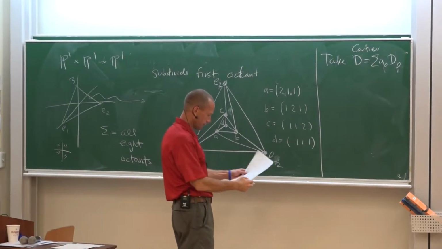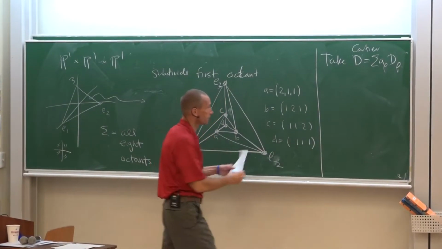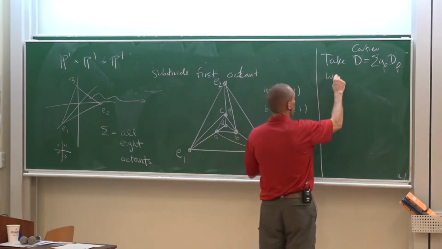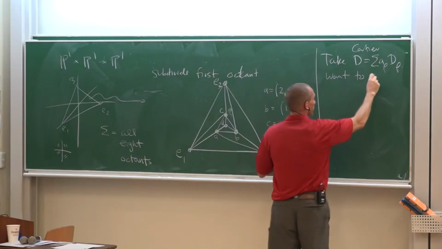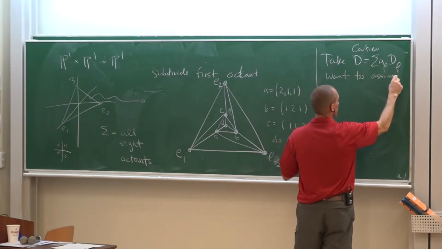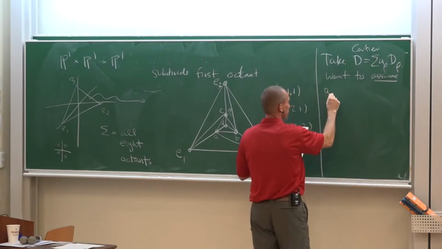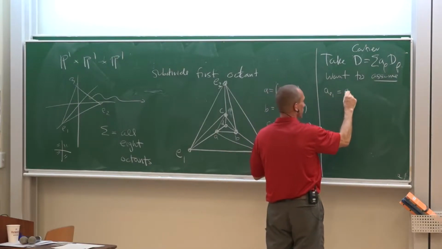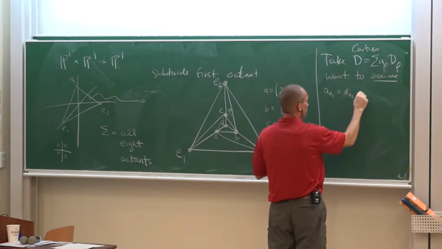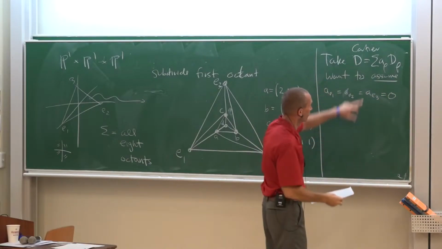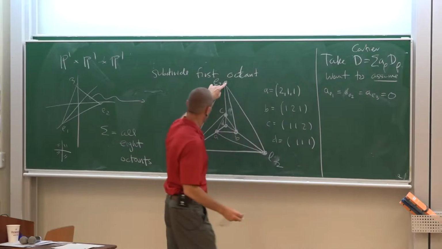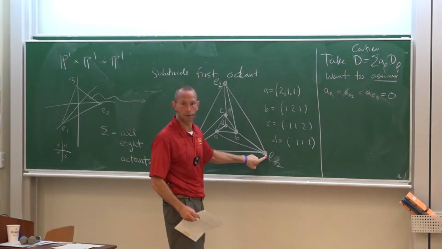I'm going to assume that the coefficients a_E1, a_E2, a_E3 are 0. That is, the coefficients on the rays right here are 0.